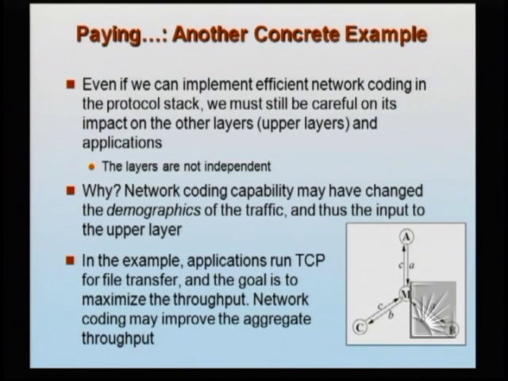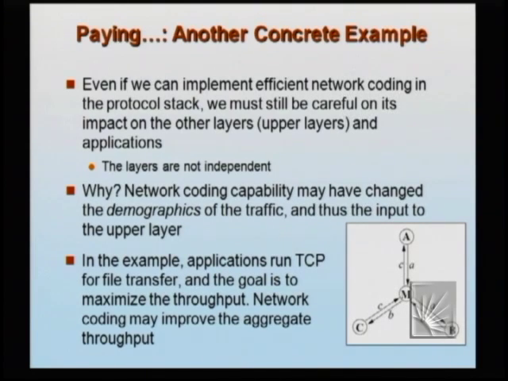In this example application, we still use this triangle of 3 flows, and assume we use TCP for file transfer. Here, of course, the goal is to maximize the throughput. And network coding may improve the aggregate throughput if we have a good design, not like the example I used before.